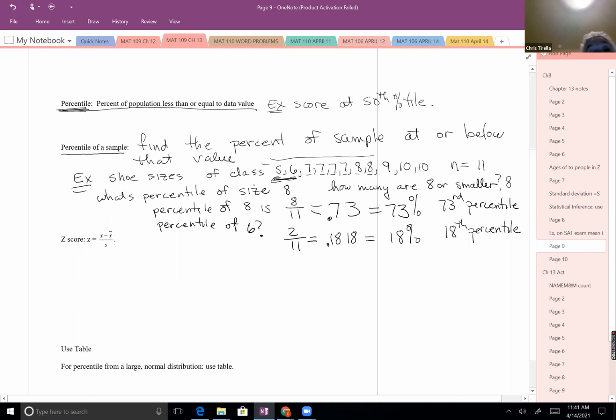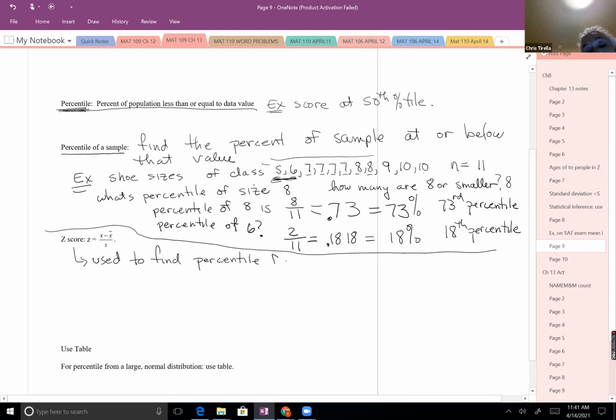No, they used the normal distribution and something called the Z-score. And the Z-score can be used to find the percentile from a normal population.